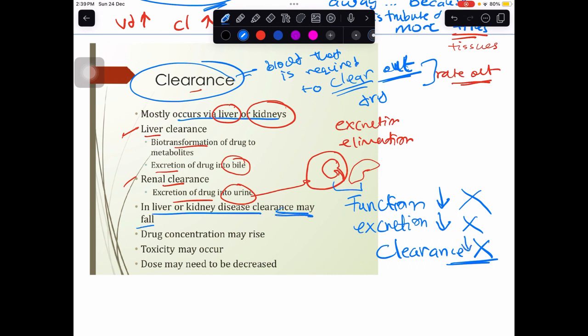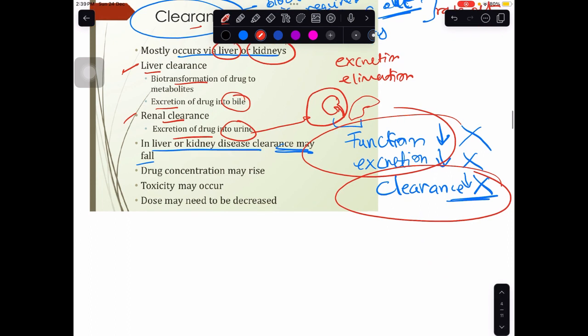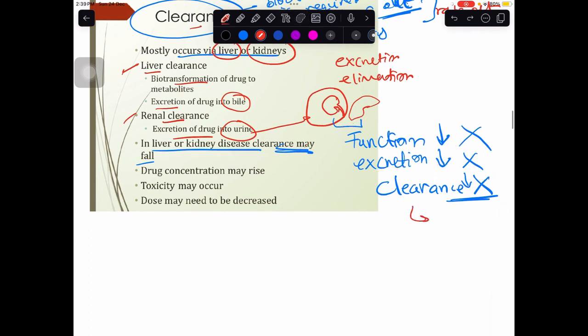The clearance will fall. Why? Because we mentioned the clearance is how much blood is required to clear out the drug, and the clearing out is happening through the liver and the kidneys. So now if the function of the liver and the kidneys is not working, the clearance also will decrease. Less amount of drug is out.